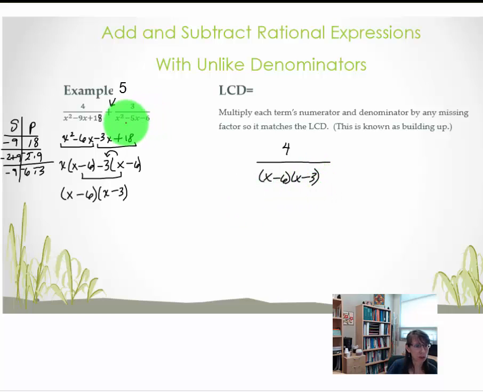The second rational expression needs a sum and product. Sum is minus 5. Product, 1 times negative 6 is negative 6. So 1 times negative 6 would make the right product, and 1 plus negative 6 will give us the correct sum. So our replacement, we have x squared plus x minus 6x minus 6.